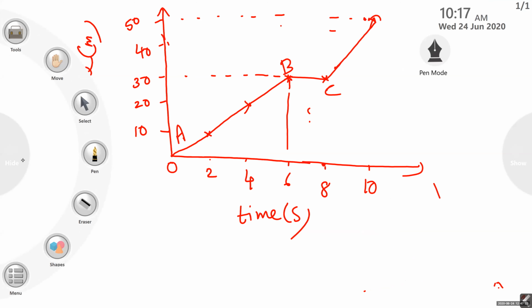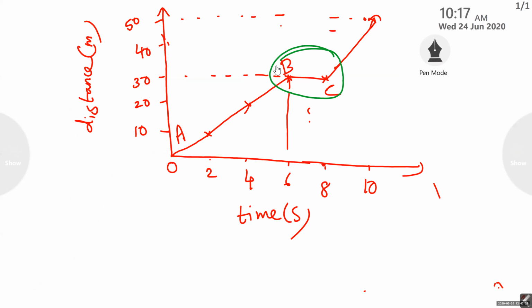How does BC look? A straight line. What kind of distance-time graph? It's the distance-time graph of a stationary object.